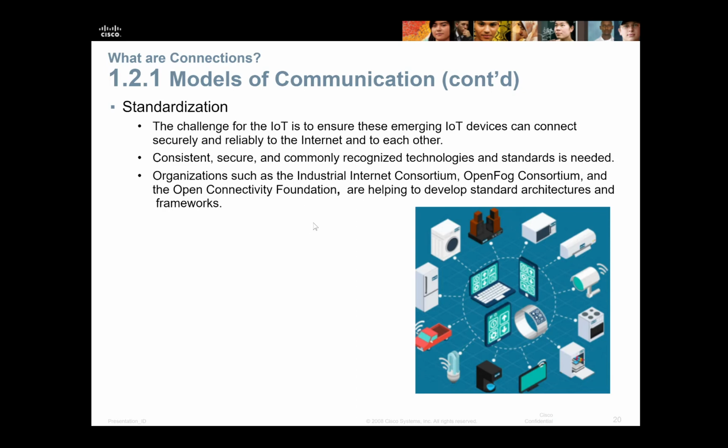But well, we'll see. If you're working on IoT, you will probably be working on the standardization or proving standardization of some machines or something like that.